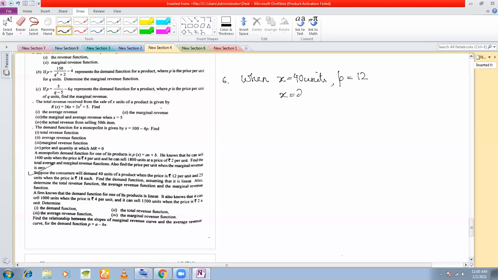So when the consumers demand 25 units, the price is 18, right? Question is, find the demand function. What is the demand function? x is equal to some function of p, right? This is called a demand function, isn't it?